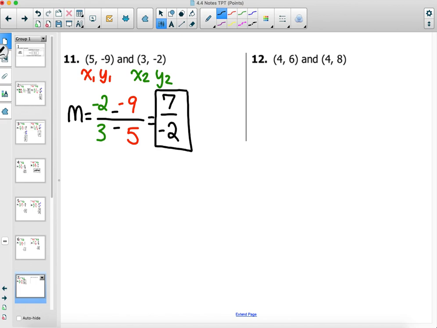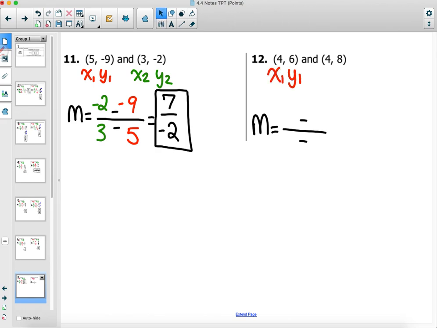Number 12, m equals, put my fraction, put the minus on top and the bottom, label our points, x1, y1, x2, y2.